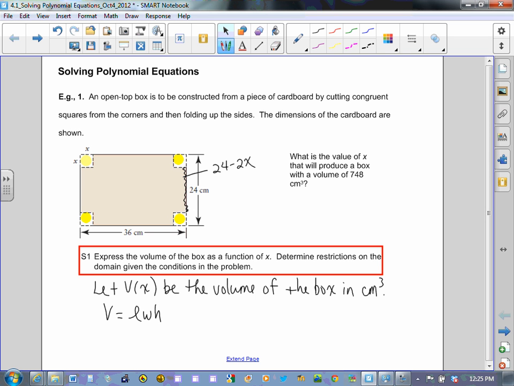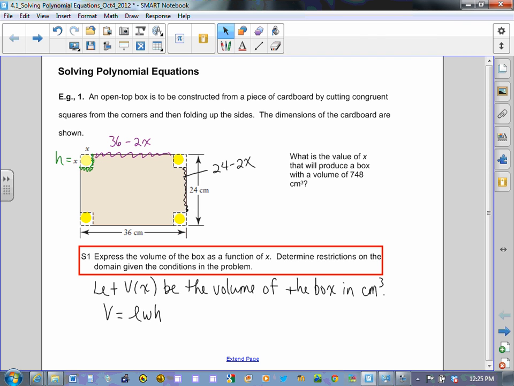And by the same token, if we were to examine this dimension of the box, upon folding it up, we'd have 36 minus 2x. So when you fold the box up, note that the height of this box is going to be made up by this length here. So we can see that the height of our box is going to be equal to x.